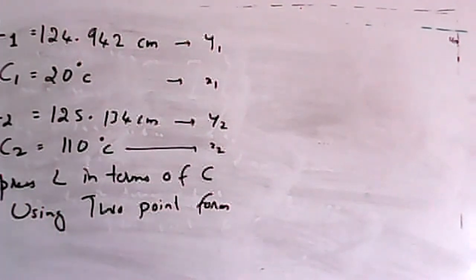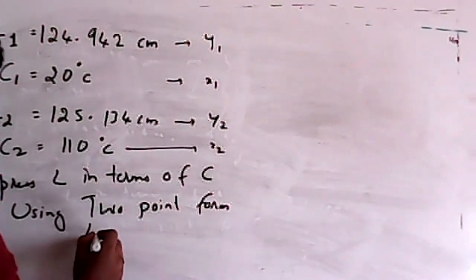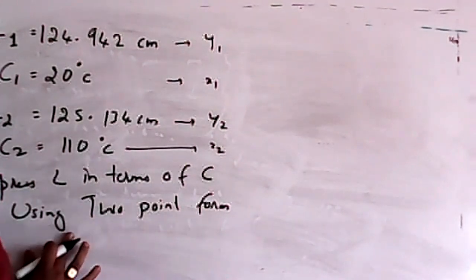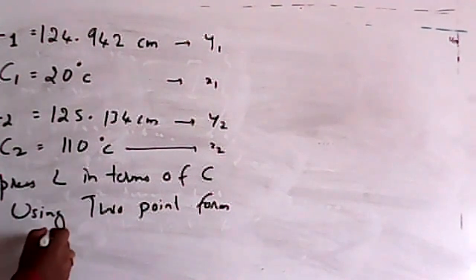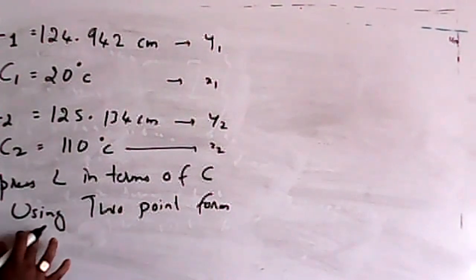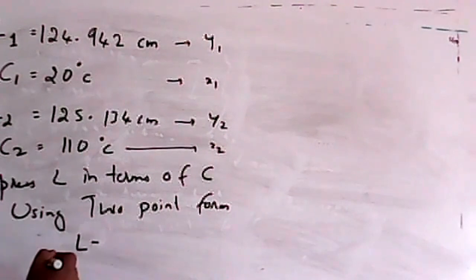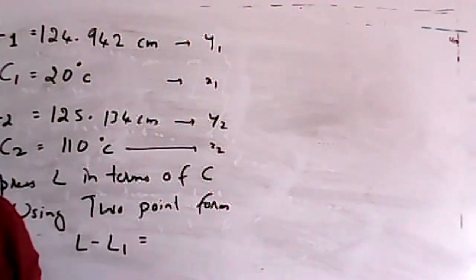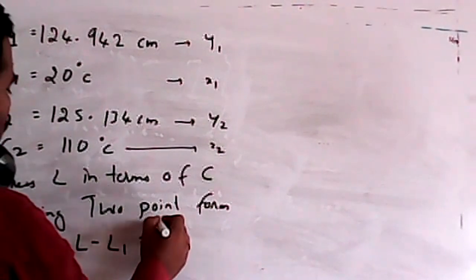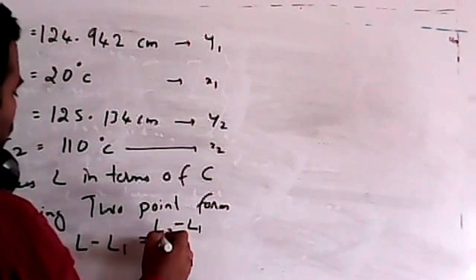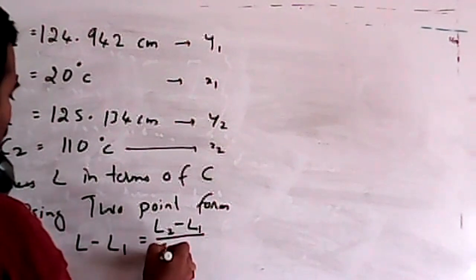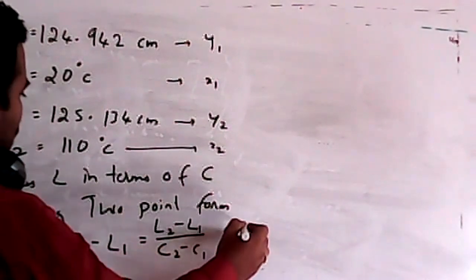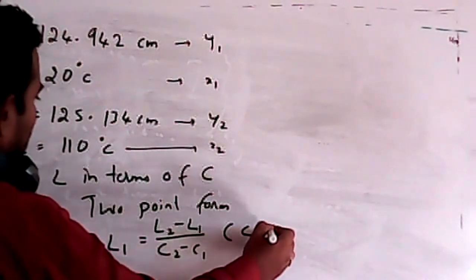Y2 minus y1. Y2 means it is L2. No, two-point form means y minus y1. Here y means L. So L minus L1, where y2 minus y1 is L2 minus L1, divided by x2 minus x1, which means C2 minus C1, into x minus x1, which means C minus C1.